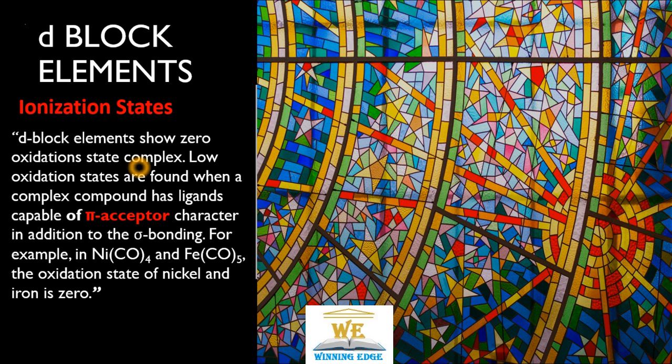These low oxidation states are found when complex compounds have ligands that are capable of showing pi acceptor characteristics in addition to sigma bonding. For example, we have nickel tetracarbonyl and iron pentacarbonyl. Both of these compounds are in the zero oxidation state.